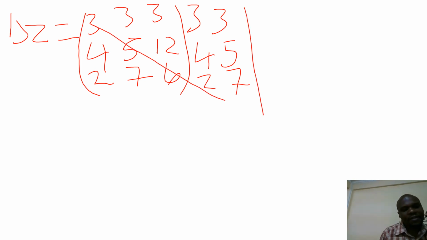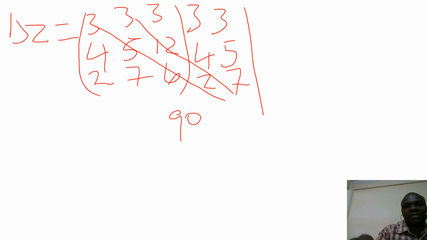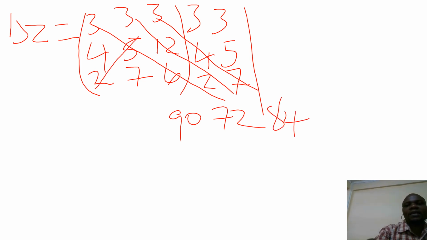So I reconsider this column here. So I'll have that one being 3 times 5 times 6, which gives me a 90. Then I consider this, which gives me 3 times 12 times 2, which is equivalent to 72. And then also 3 times 4 times that, which is equivalent to 84. So then I consider this other half column here, 3 times 2, 6 times 5, which is equals to 30.